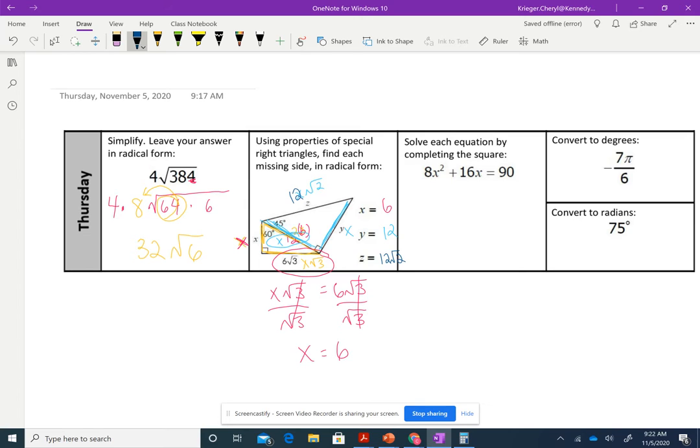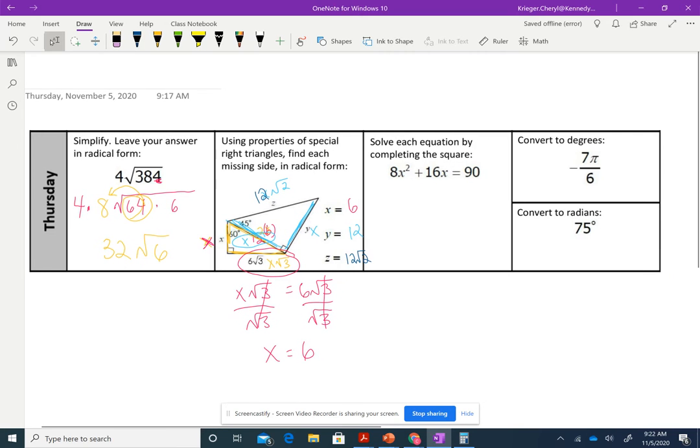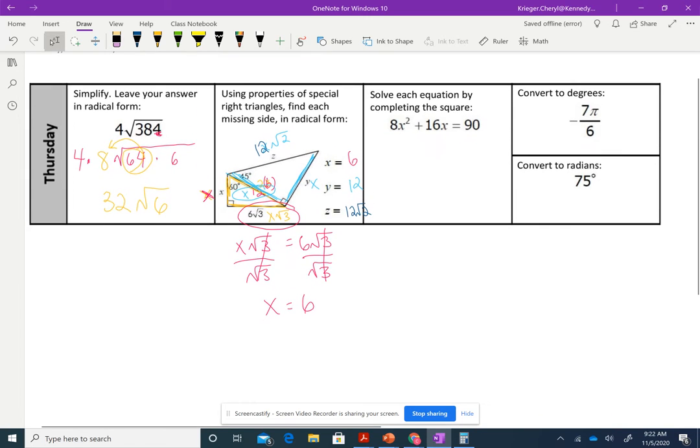Okay, and then number 3, or sorry, I guess this is number 5. We are completing the square. I know this is your favorite one, so here we go. The first step is to bring c over to the right, which it already is. Then the next step is to divide all the numbers by a to eliminate my a term.